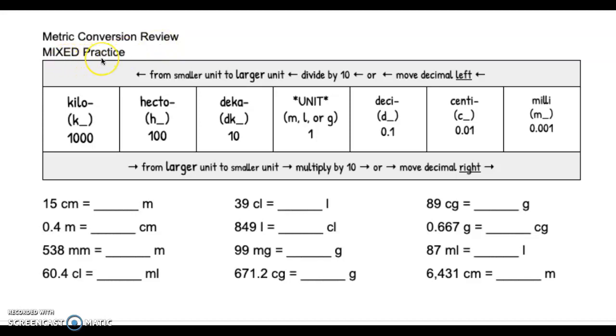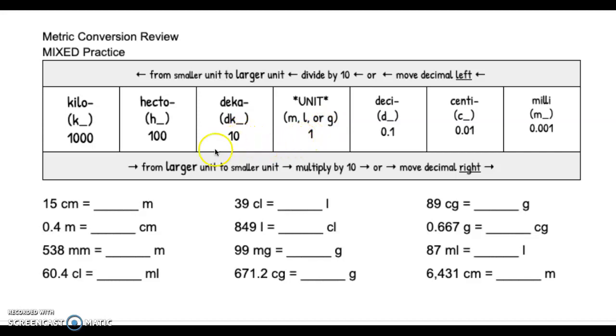It's mixed practice, which means we're going to take length and volume and mass, and we're going to put it all together today. And so I have a very different looking chart in that it doesn't have any units on it. It is what we might call a generic chart that you could use for meters, liters, or grams.